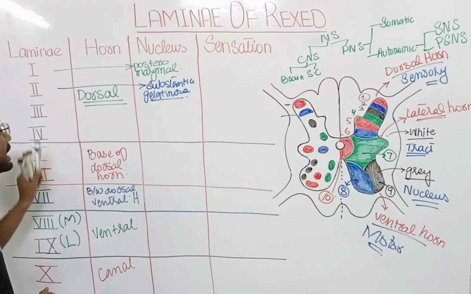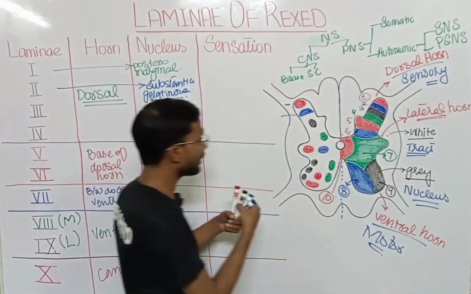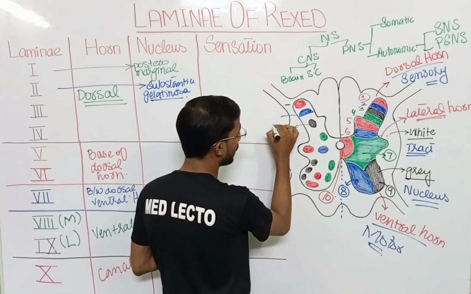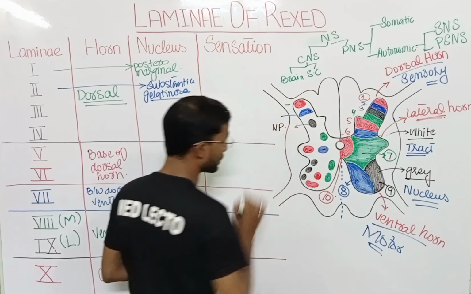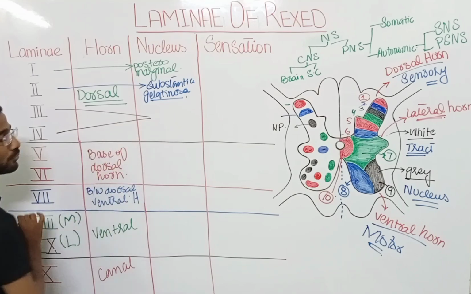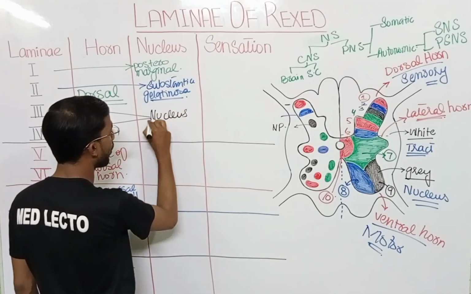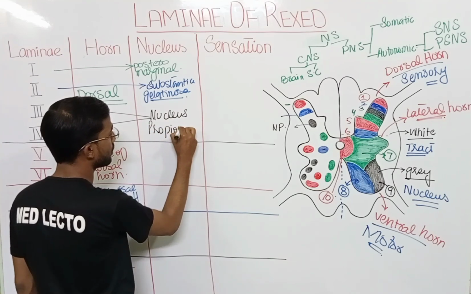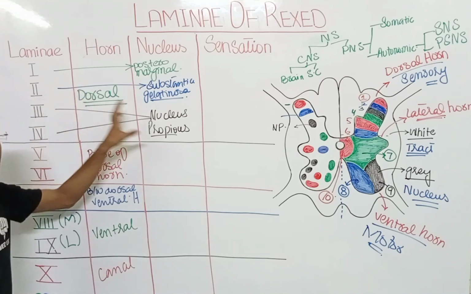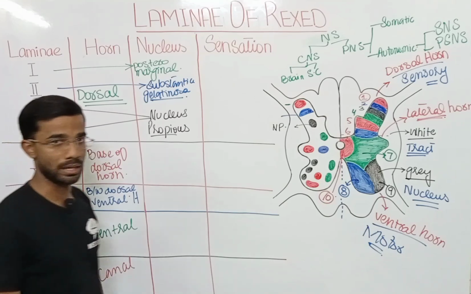And the third and the fourth lamina correspond to the nucleus proprius. You see that the third and the fourth lamina correspond to the nucleus proprius. So these are the 3 most important nuclei that fall in the first 4 laminae.